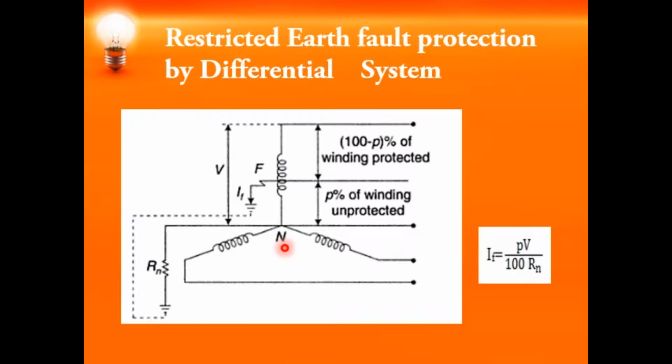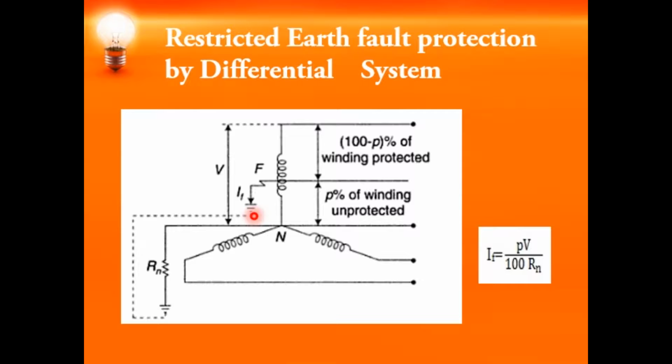If VFN is less, the ground fault current IF will also be less. So we should see to it that the relay is not very sensitive, because if the relay is made too sensitive, it might respond even to external faults.